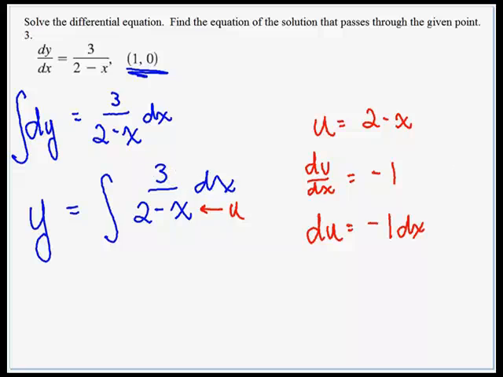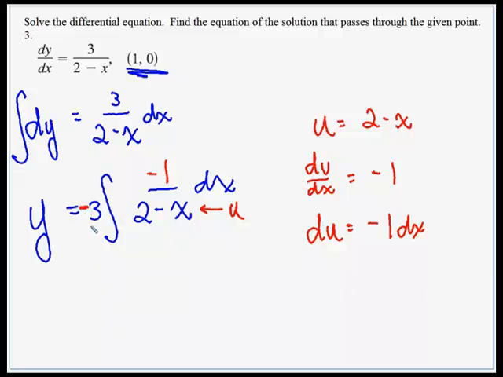No. But what we can do, this 3 by the constant multiple, we could pull that out front. We don't need it. And what we need is a negative 1 dx. Well, I can put my negative 1 to go with the dx, and then that would be my du. But if I do a negative 1 in here, I have to multiply outside by the reciprocal. The reciprocal of negative 1 is negative 1. So that would make that into a negative 3.